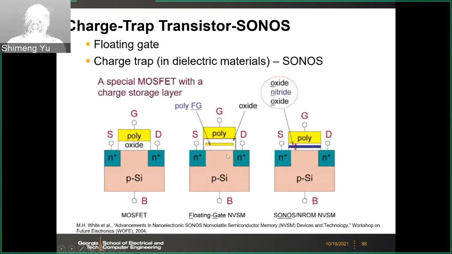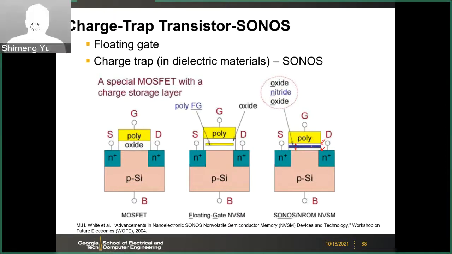The principle is very similar to the floating gate transistor we discussed so far. Here, this is the regular MOSFET, and then for the floating gate, as we discussed, we insert a polysilicon floating gate in the gate stack. And then for the charge trap transistor, the only difference is that this floating gate becomes nitride. You still have the oxide between the control gate and this one.